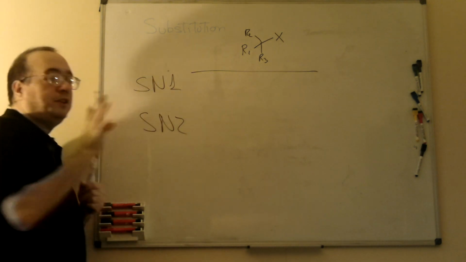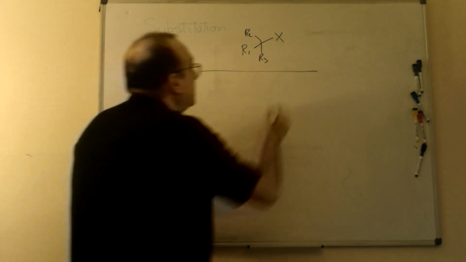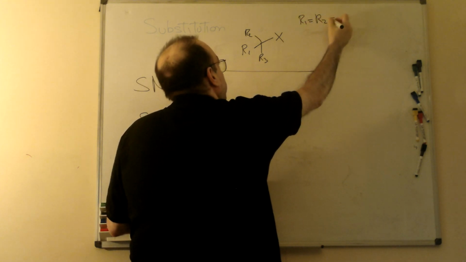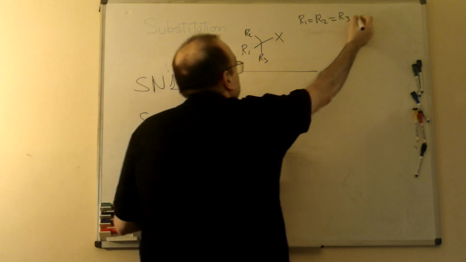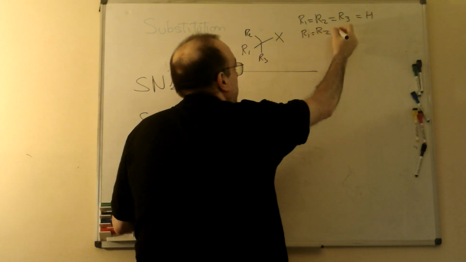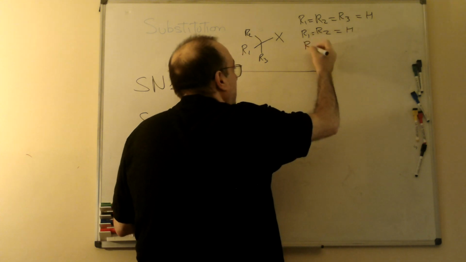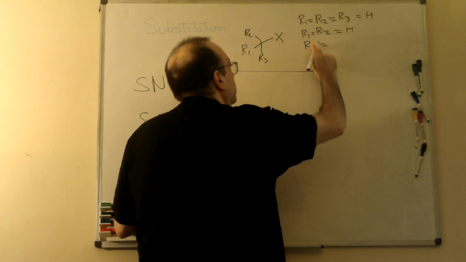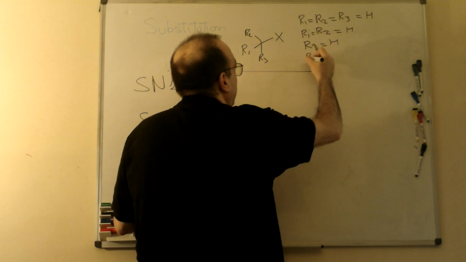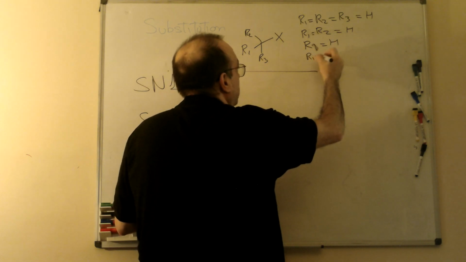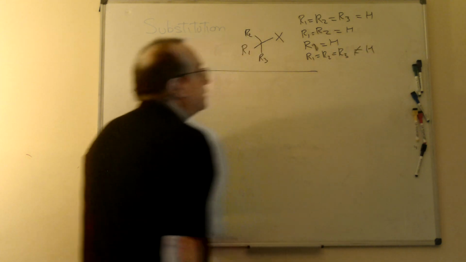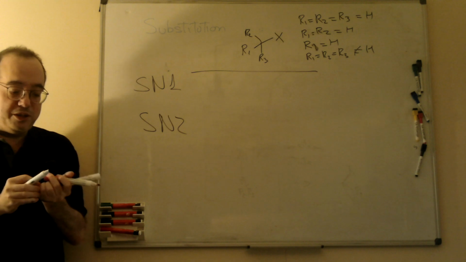We can have different situations. R1, R2 and R3 are all hydrogens. R1 and R2 are hydrogens and R3 is not. R1 is a hydrogen, and R2 and R3 are not. Or R1, R2 and R3 are all not hydrogens. Okay, these are the four options that we have.